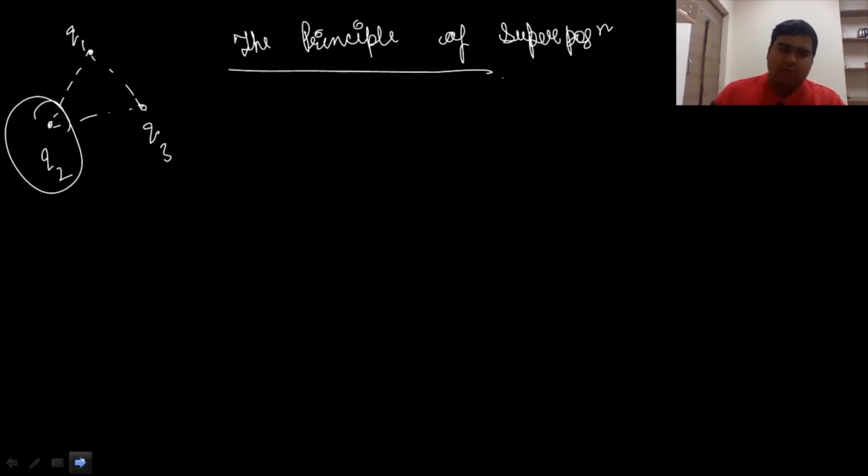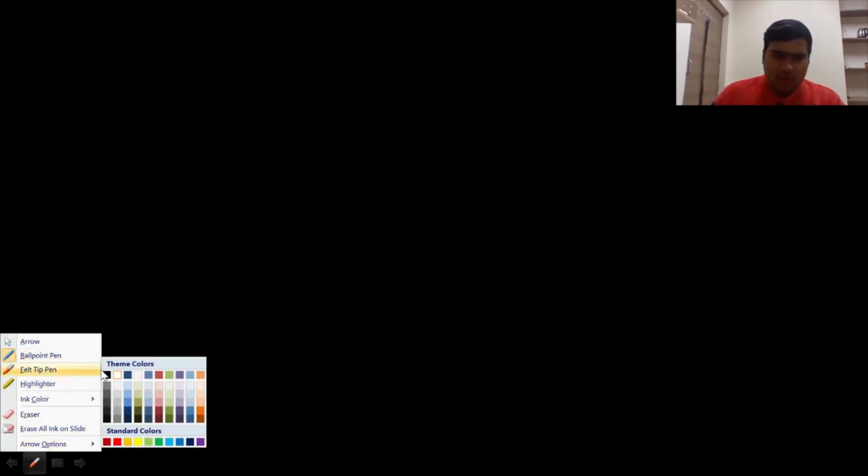So just based on this concept, we will do a problem. We have a triangle like this, and on the vertices of this triangle, let us say it is an equilateral triangle, this is charge q1, and let us say all are q only.